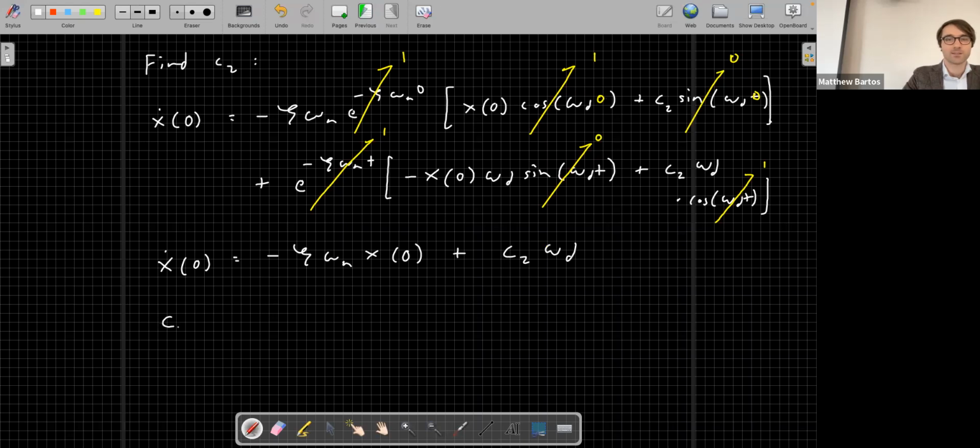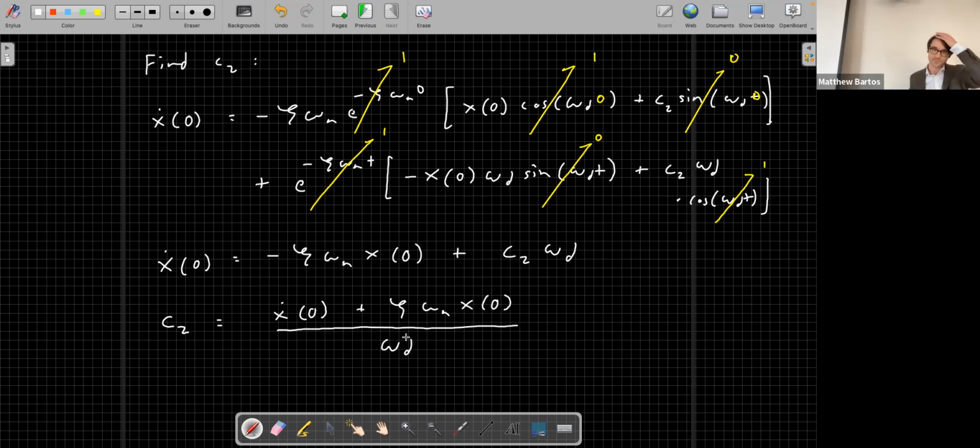And thus c2 is equal to x dot 0 plus zeta times the natural frequency times the initial displacement, all over omega d.